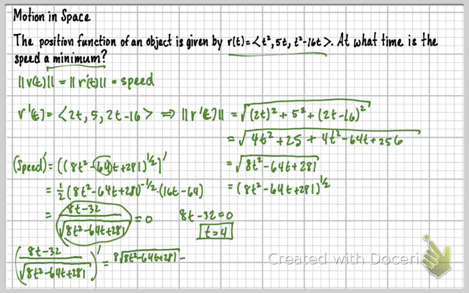Think about where that came from. That was just the square root of. That's a little nasty. Okay, so that's going to be that 8t thing. All I did was cut and paste it since it was there already. And that's going to be over the bottom squared. So that's just going to be the 8t squared minus 64t plus 281, because the square of a square root, the square root goes away. So this is really what we have here.